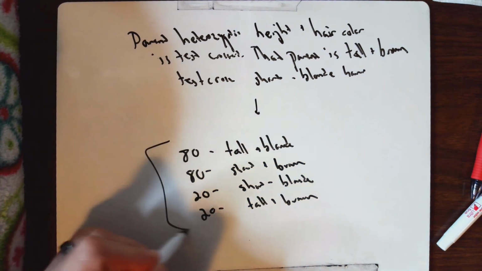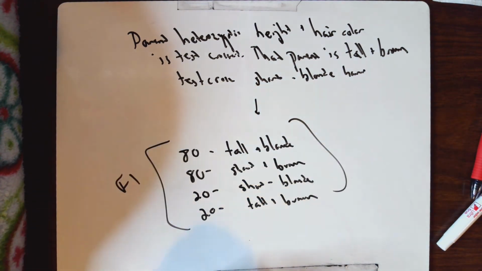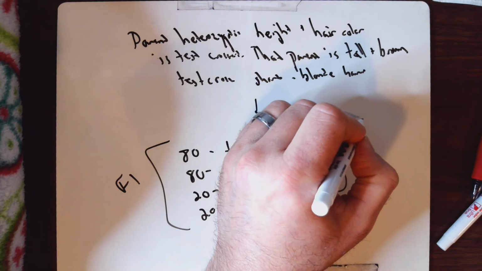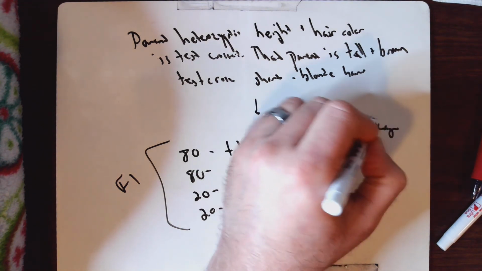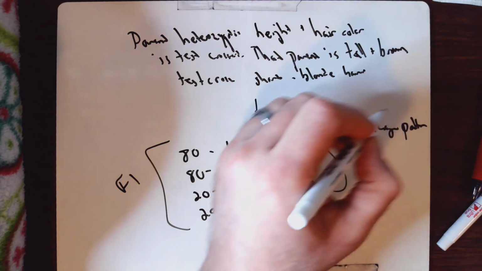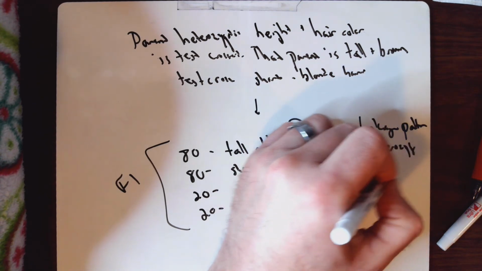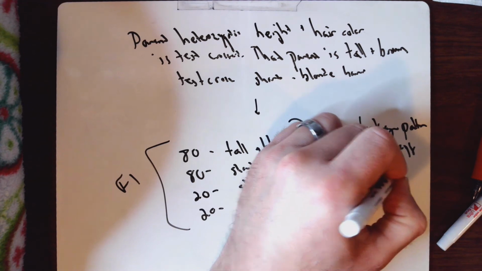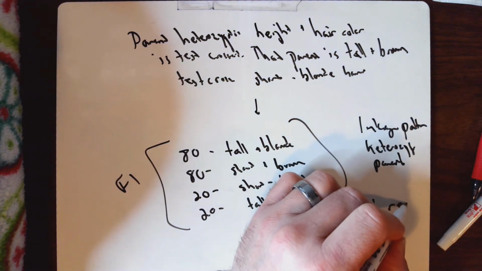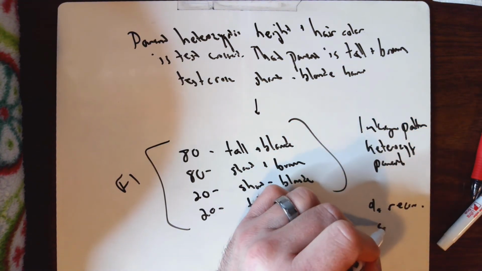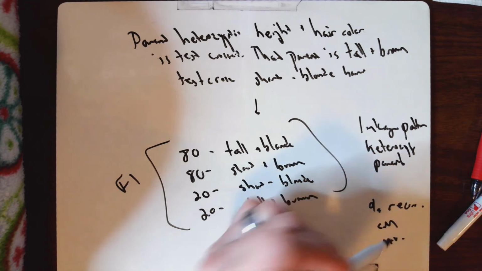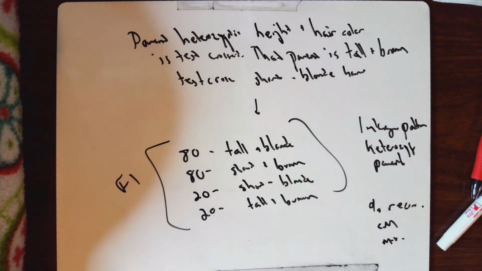That's their offspring, the F1. And we can be asked, what is the linkage pattern of these genes in the heterozygotic parent? And we can be asked for the percent recombination. Or we can be asked for the distance in centimorgans or the distance in map units. Remember, it's all the same.